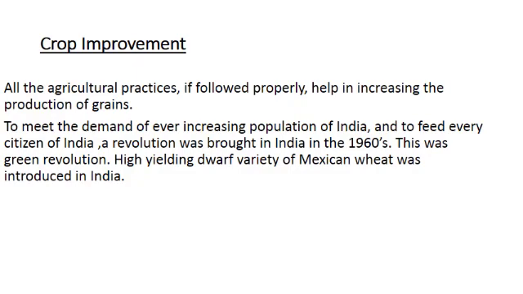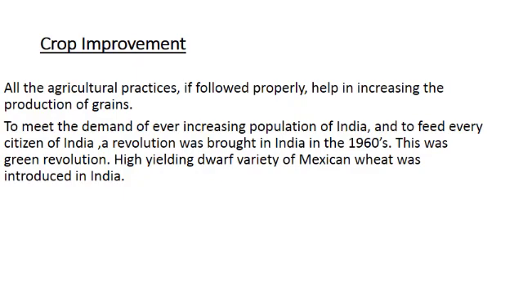To meet the increasing demand of food of the increasing population, there is need of crop improvement. Means there is need to increase the crop production. So in 1960s, a revolution was brought in India to feed every citizen of India, that is called Green Revolution.